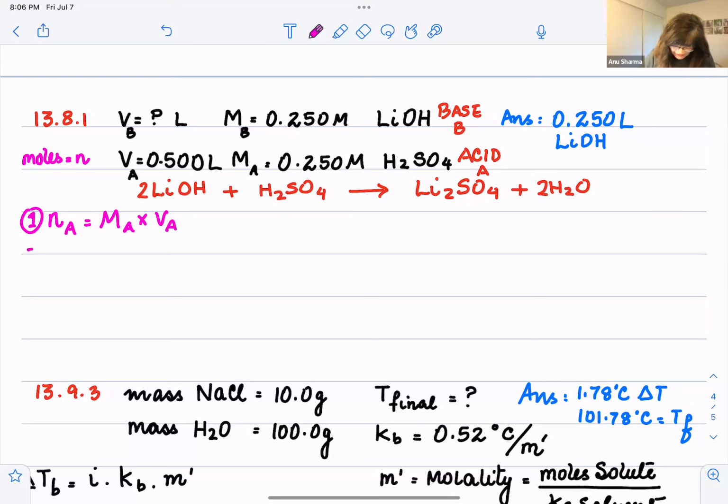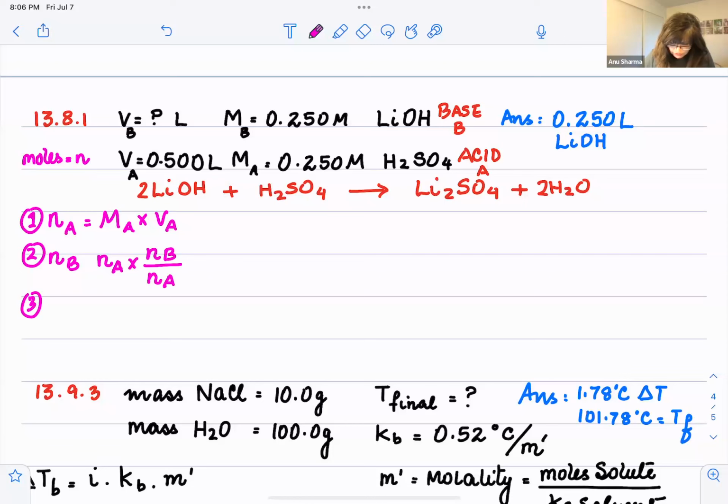Second, once you get the moles of acid, you can find the moles of base. How? You take the moles of acid times the mole to mole ratio from the balanced equation. From the balanced equation, you take the moles of base on the top and moles of acid. So you get the moles of the base.